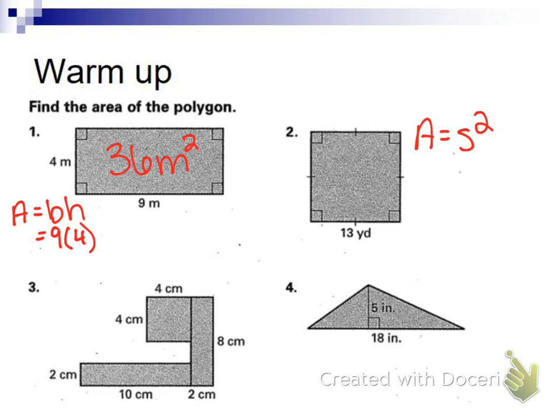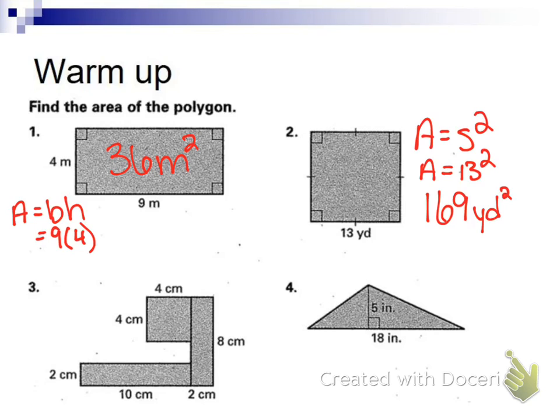So what's my side length? 13 squared gives me 169 yards squared.